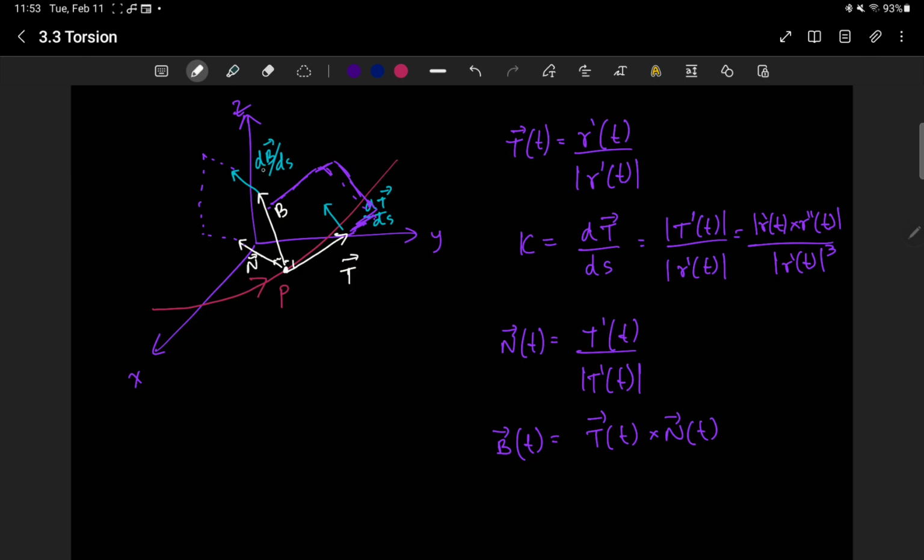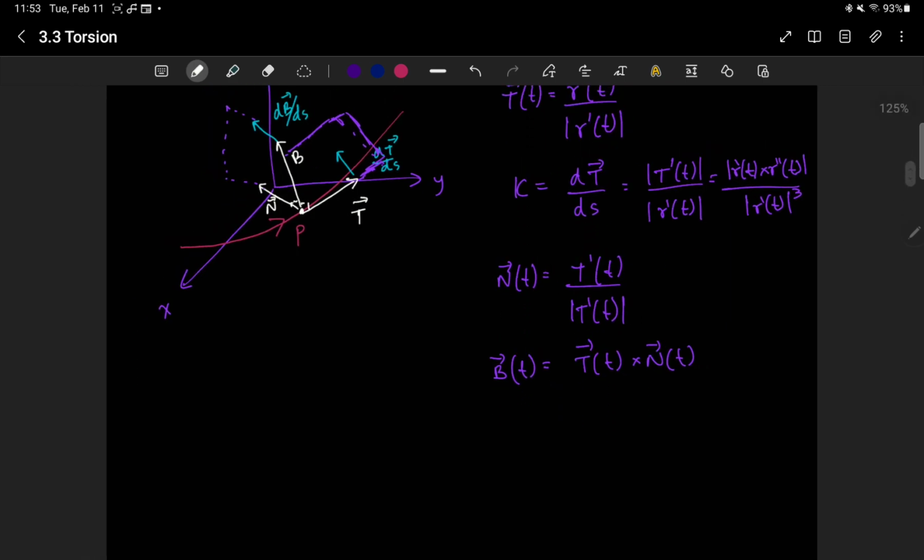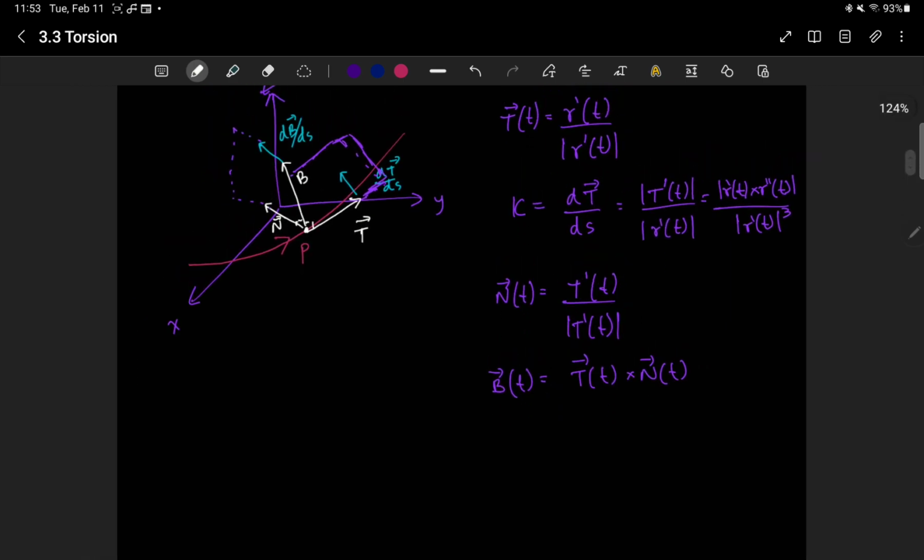If you look at the quantity dB over ds, which is how the binormal vector changes over the position on the curve, that gives us another direction, which is parallel to N. So they form a plane. And this expression, dB over ds, is what we are going to use to define torsion.